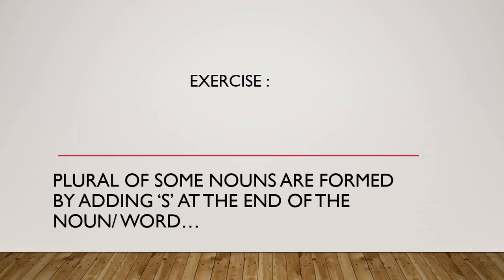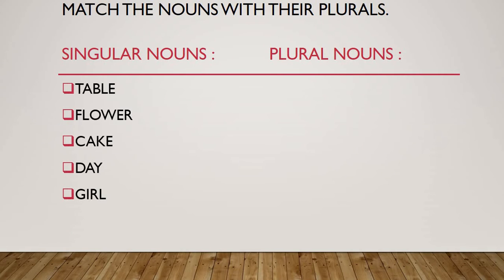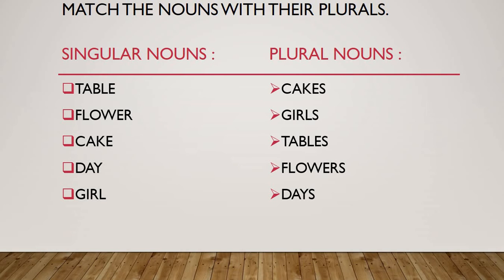Chair, chairs. So just by adding s, you can make it plural. Similarly you have to do it here. This exercise is in the form of match the nouns with their plurals. So singular nouns, plural nouns. Here you can see you have to just match each with its plural form. So this is very easy if you have understood.